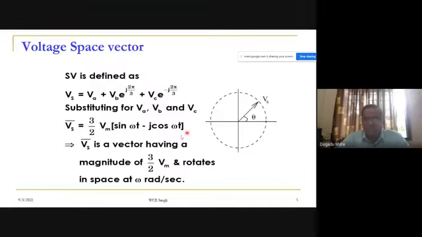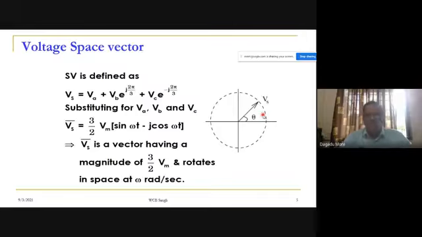This is represented in rectangular form. If we convert to polar form, we get a constant magnitude of Vs equal to 3 by 2 Vm, and it rotates at omega radians per second.